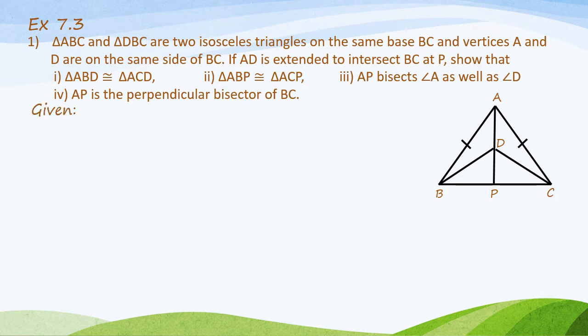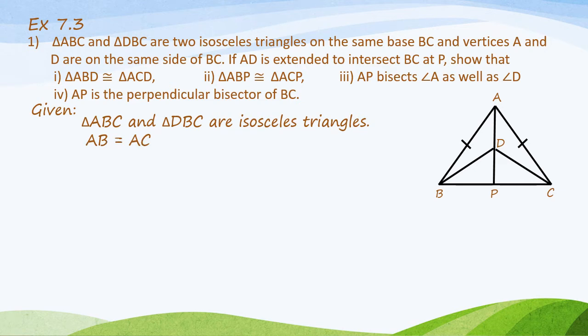So from the given information, let us extract whatever points we need. First, triangle ABC and triangle DBC are isosceles triangles in which AB is equal to AC and BD is equal to CD. Angle ABP is equal to angle ACP.